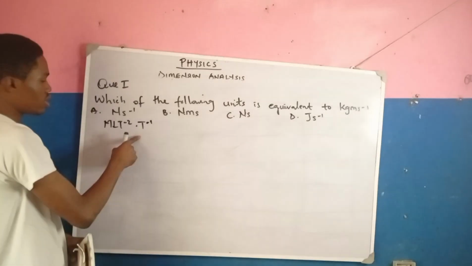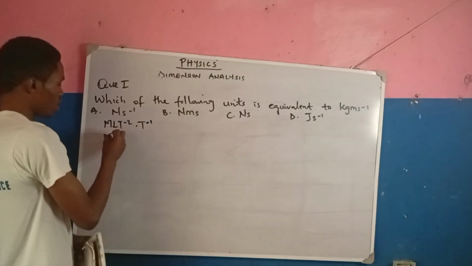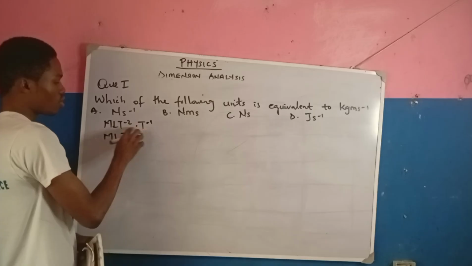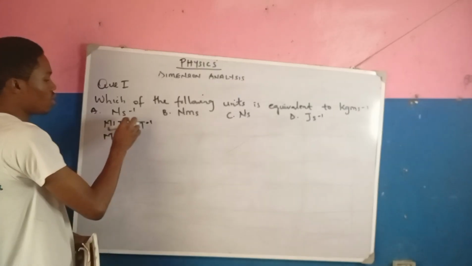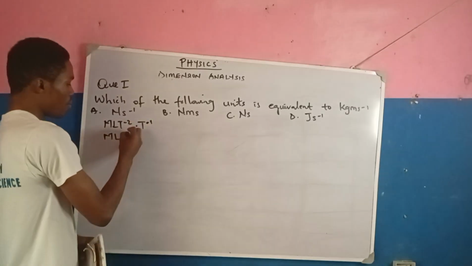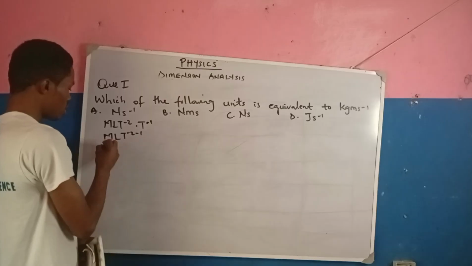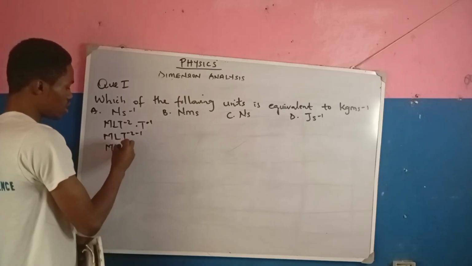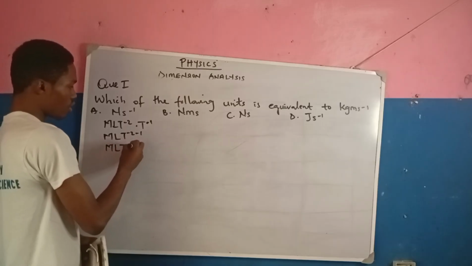Applying the law of indices, because the bases are the same, we add up the powers, so we have -2 -1. This gives us MLT^-3.